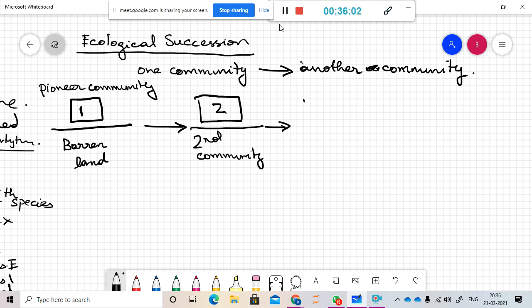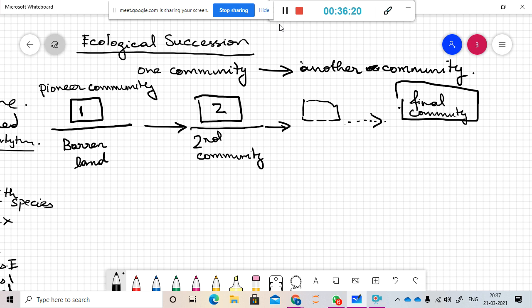Like this, on and on it goes till it reaches the final community, and that is known as the climax community.